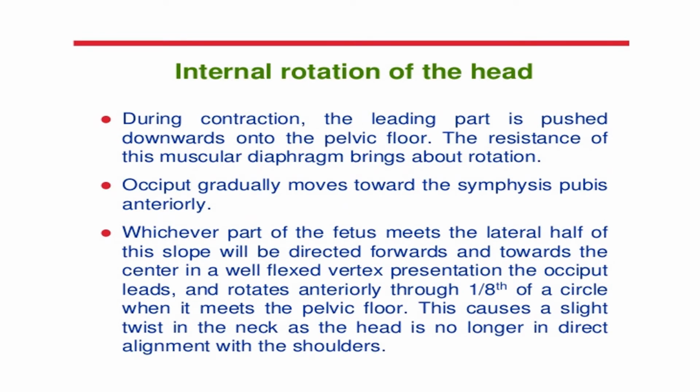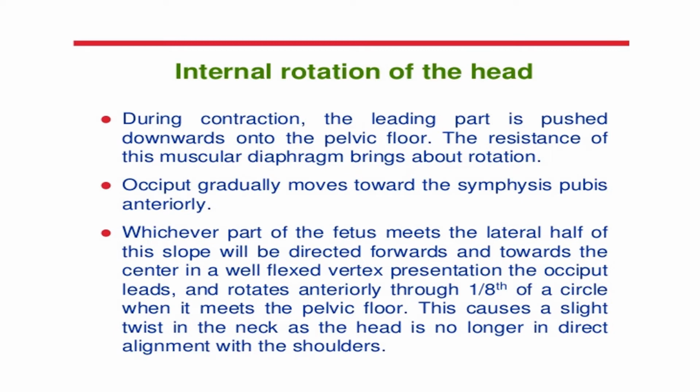Next is internal rotation of the head. In the ROA and LOA, here we are discussing only that. When the occiput is meeting the resistance of the pelvic floor, because of the angle of inclination and due to the contractions, this occiput will rotate forward towards the symphysis pubis until it comes under the symphysis pubis.